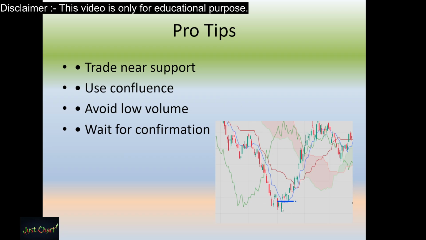If the volume is low on the subsequent days or on the day of the engulfing pattern, don't get into these positions. Avoid trading this pattern; wait for the confirmation. After you get multiple confirmations based on the indicators, only then enter into this position.